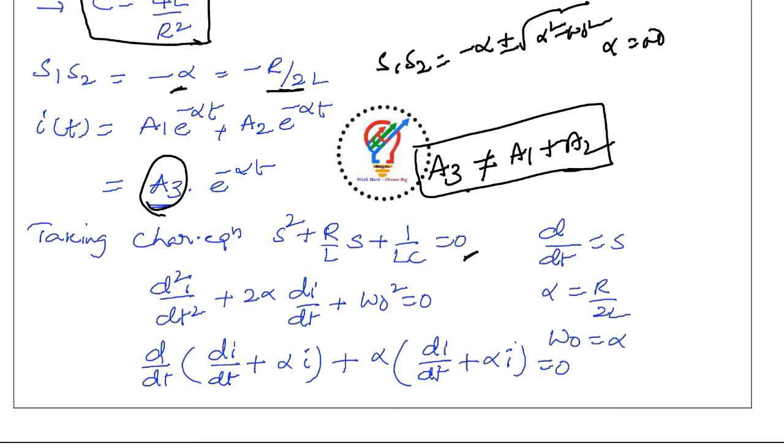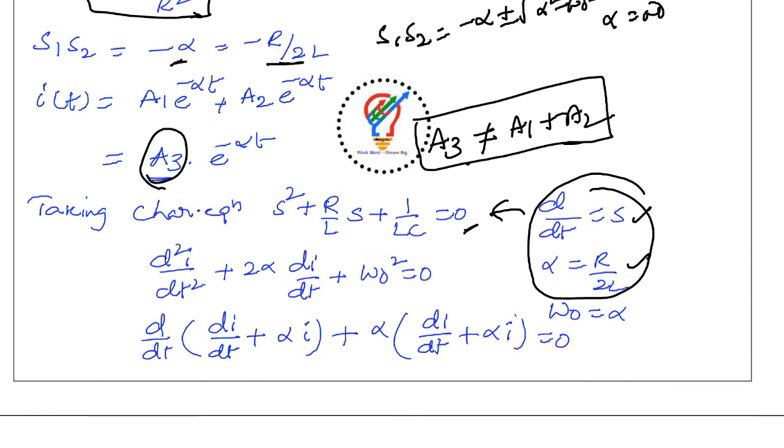Substituting d by dt equal to s, and knowing that alpha is equal to R by 2L, we write this equation as d square i by dt square plus 2 alpha into d by dt plus omega naught square. Since alpha is equal to omega naught, omega naught square is alpha square. So we get d by dt into di by dt plus alpha into i, and we write the 2 alpha into di by dt term accordingly.